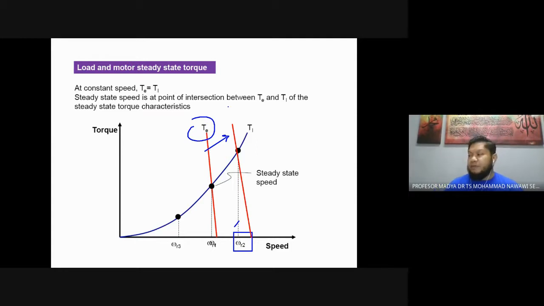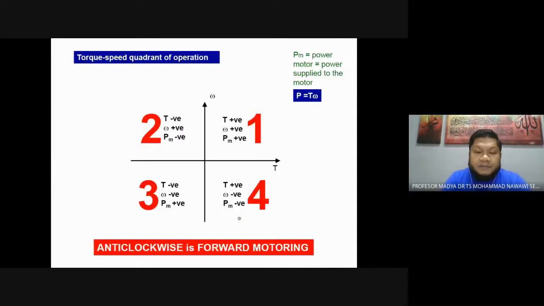Remember, we have the control unit. That control unit will change the electric torque so that it matches that particular point, so that you move at the particular speed there. So that is the concept. You must have TE equals to TL. So that is a fundamental.